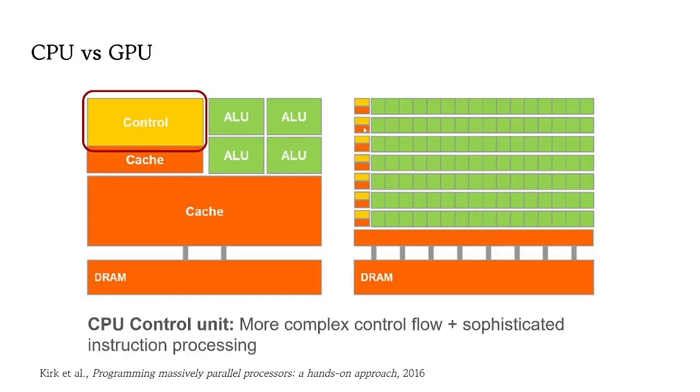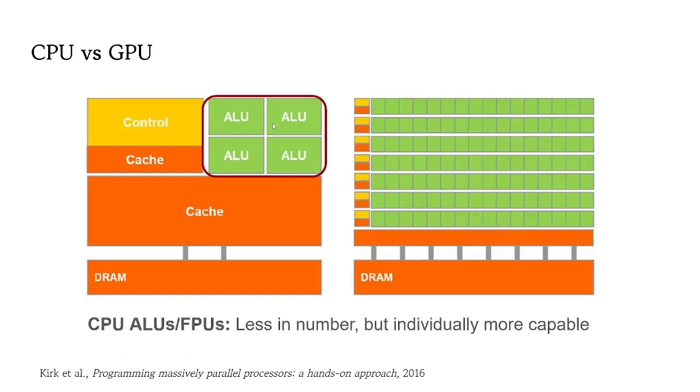So overall, the chip area given to control is less. When it comes to the ALU, we have a smaller number of these units for the CPU. Each of them, for any instruction, let's say multiply, divide, anything, tries to make it go as fast as possible.